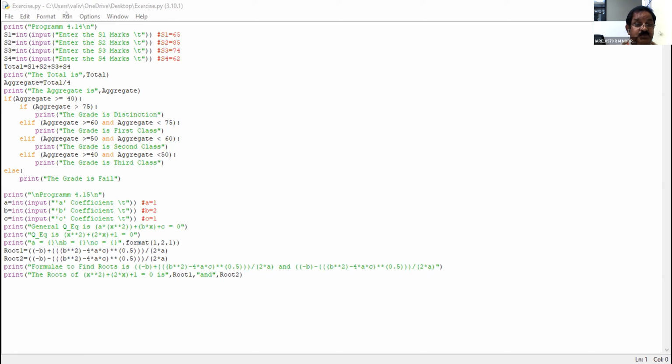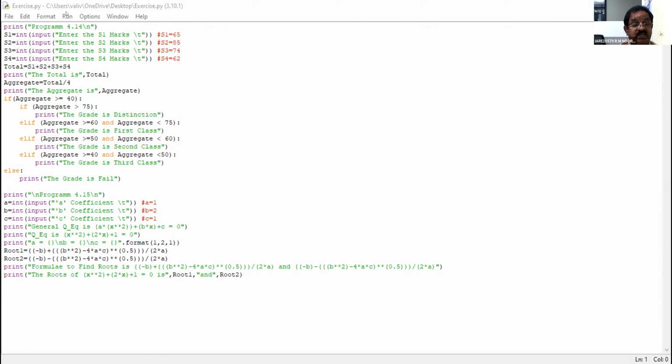By this particular program, if it is not equals to, meaning only 76, then it will be considered a distinction, not like that. If it is 75 also, 75 also. All of you are seeing, no? So you can check that one. Aggregate is greater than or equals to. Even if it is 75%, that grade will be treated as a distinction, right? So here you have to put equal to.